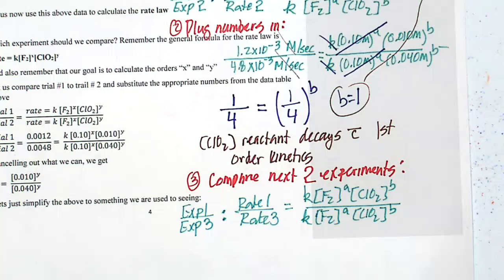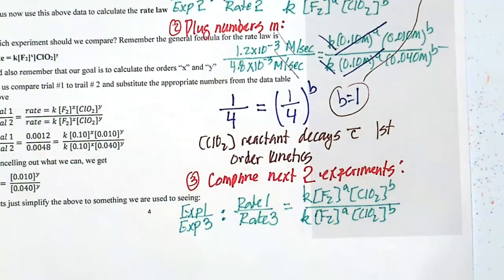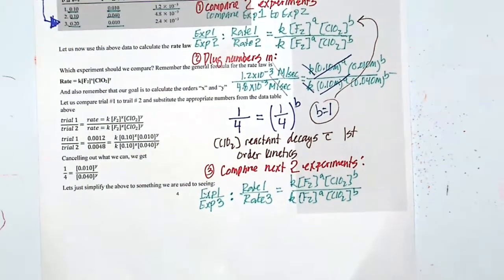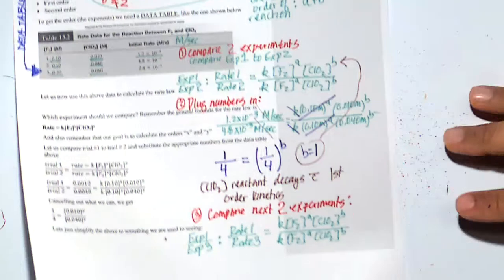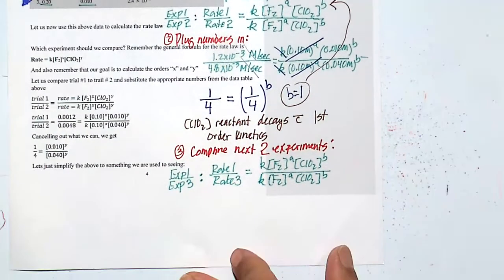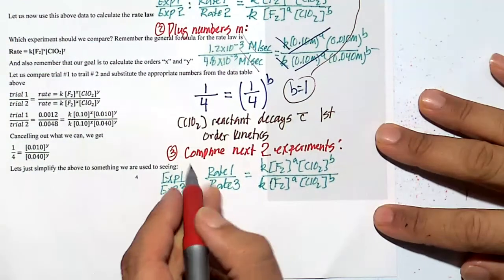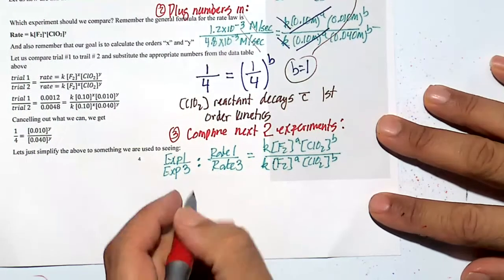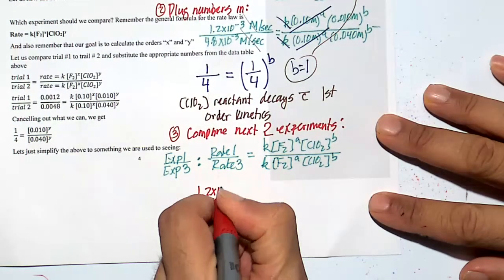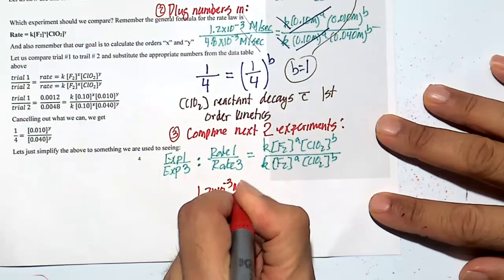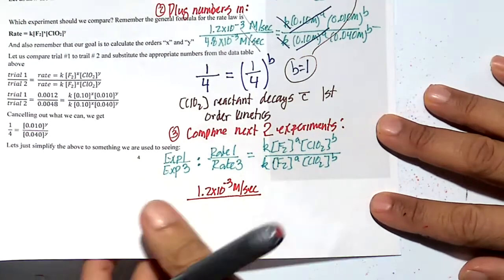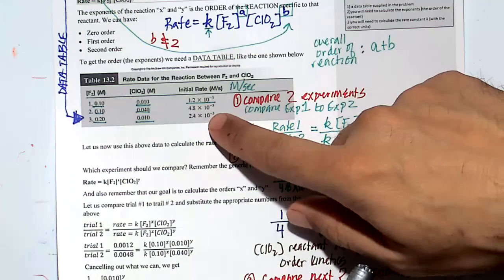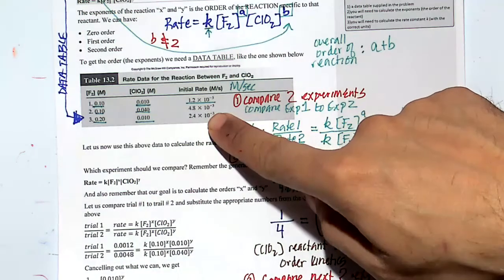So let's plug in those numbers. Okay. All right, rate 1 is 1.2 times 10 to the minus 3. Rate 3 is, everyone see this with me, 2.4 times 10 to the minus 3.